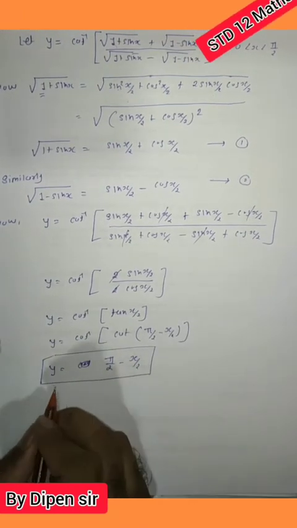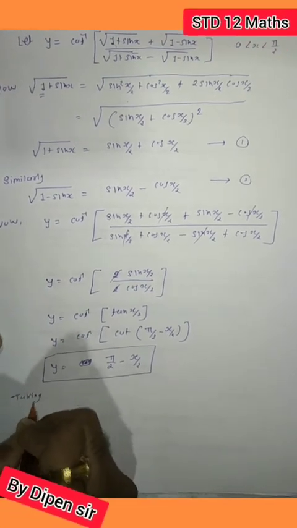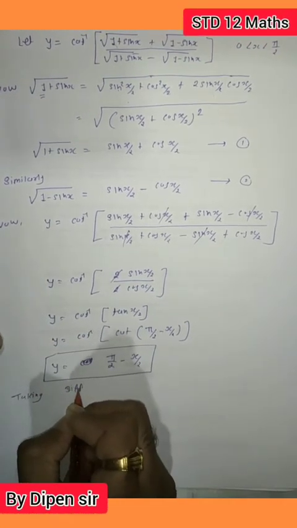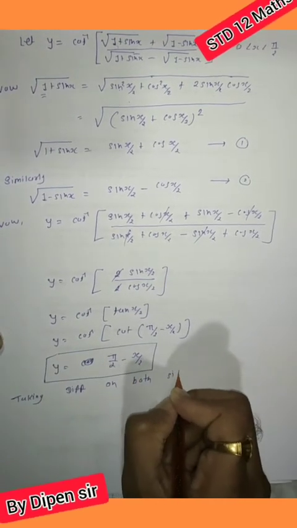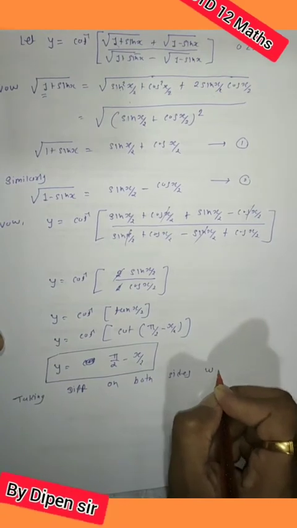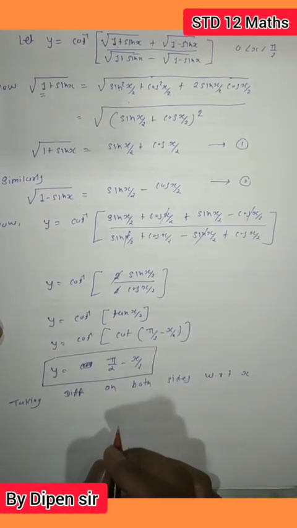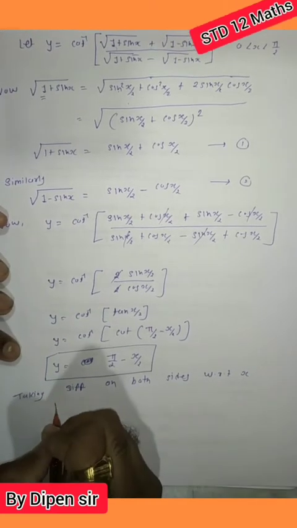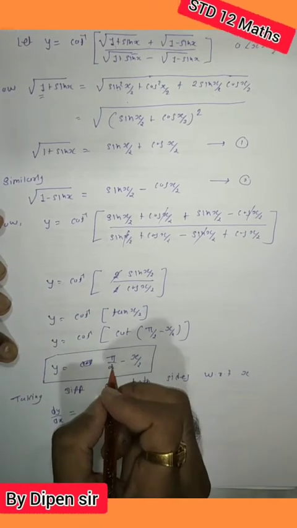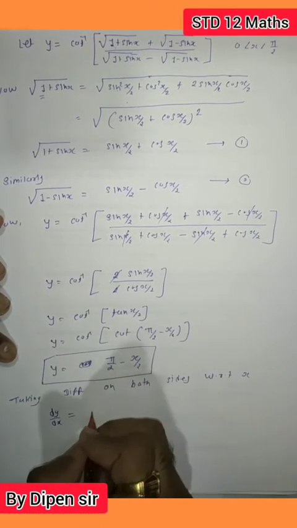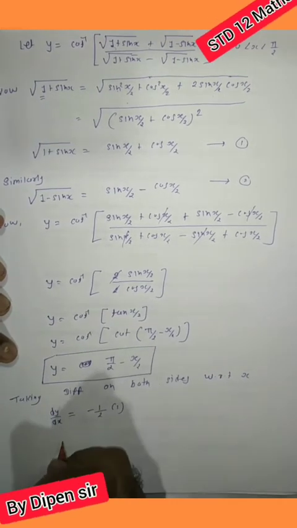The question is to differentiate y with respect to x. So taking differentiation on both sides with respect to x, we get dy by dx equals differentiation of pi by 2 which is 0, minus 1 by 2 is common, differentiation of x is 1.